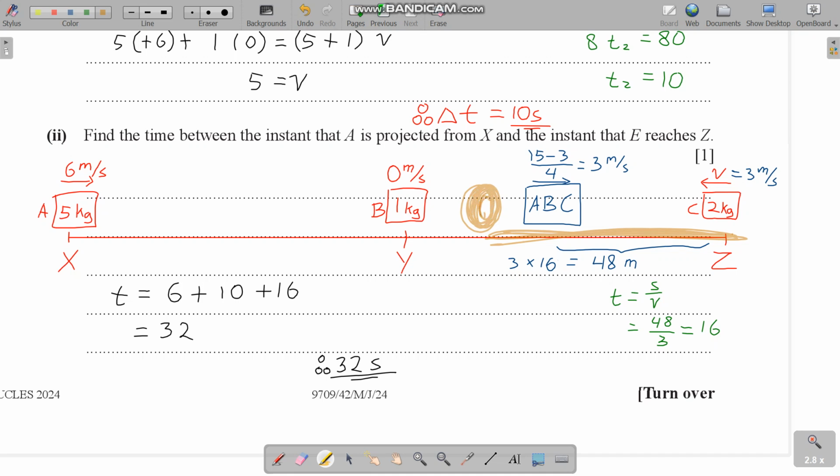Now this coalesced particle is moving to the right. This is the velocity traveling this distance. The time is distance divided by velocity, which is 16 seconds.